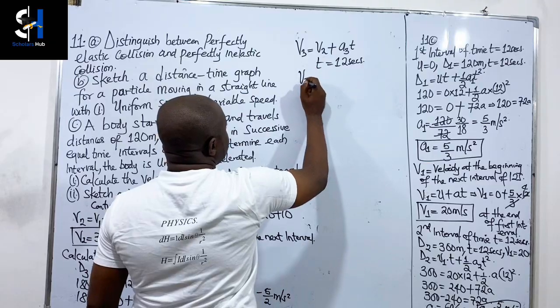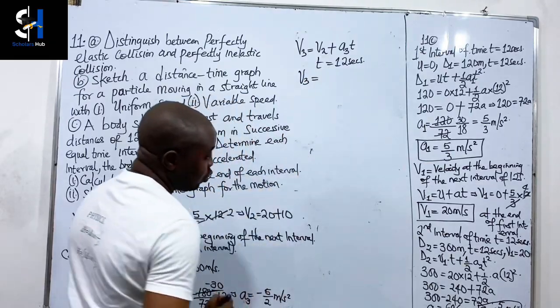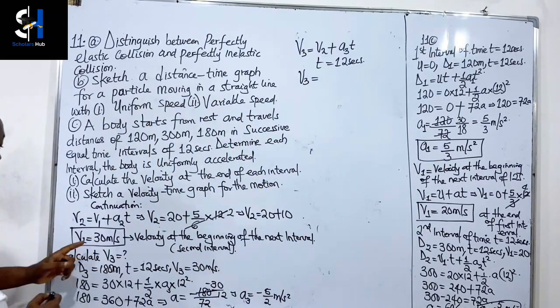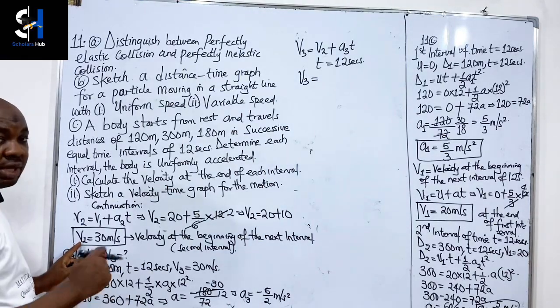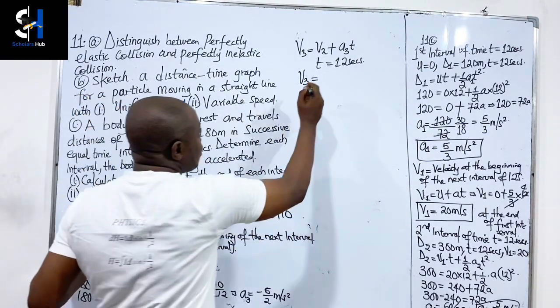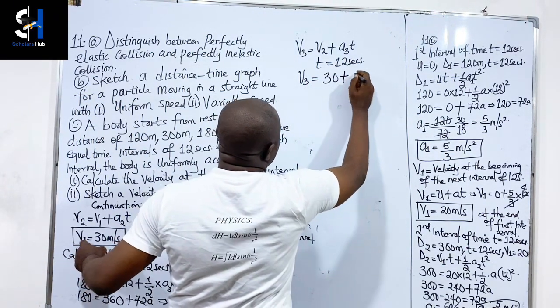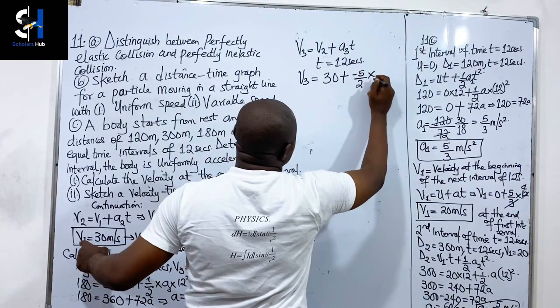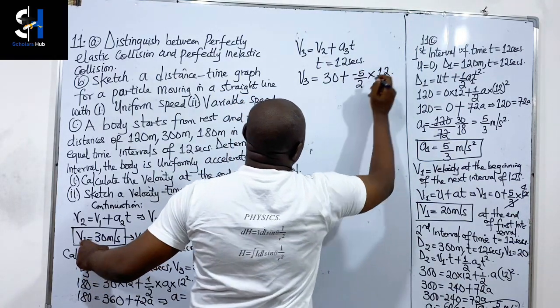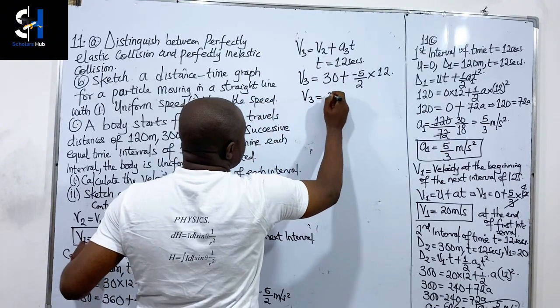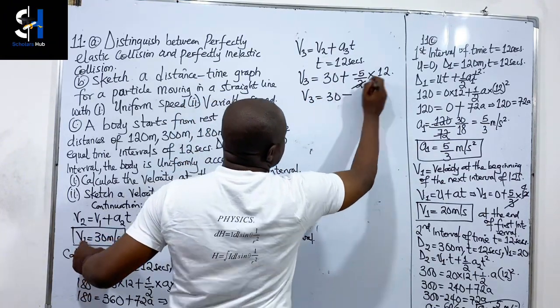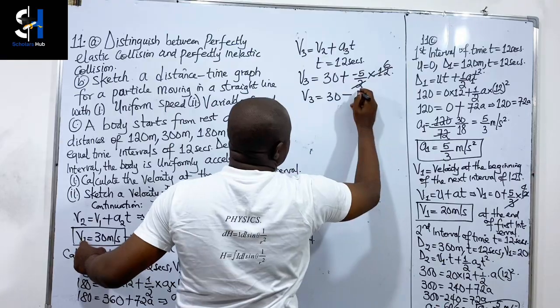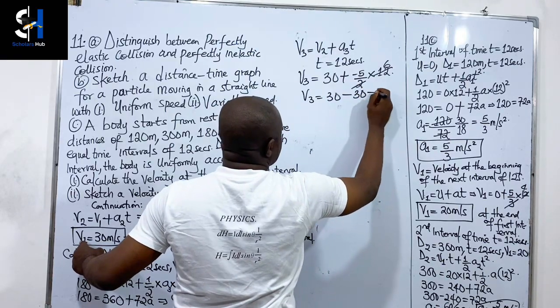We calculated v2 to be 30 meters per second. So this will be 30 plus acceleration, minus 5 over 2, multiplied by 12. So that v3 will be equal to 30 minus, this is 6, 6 times 5, that will be minus 30.